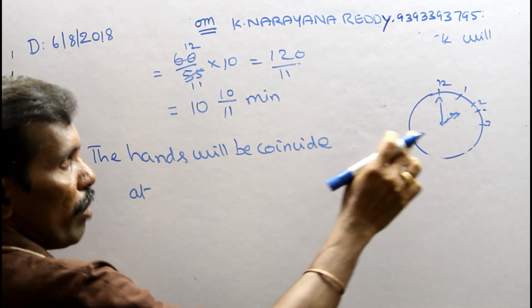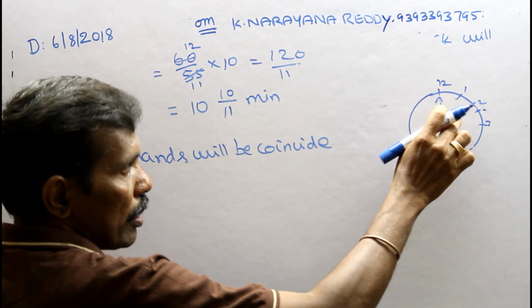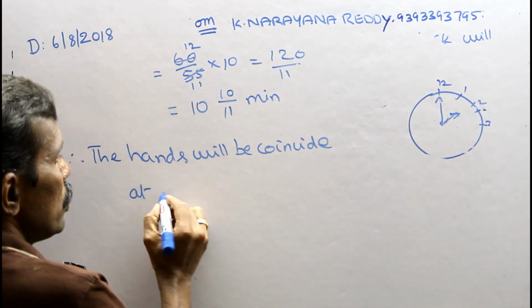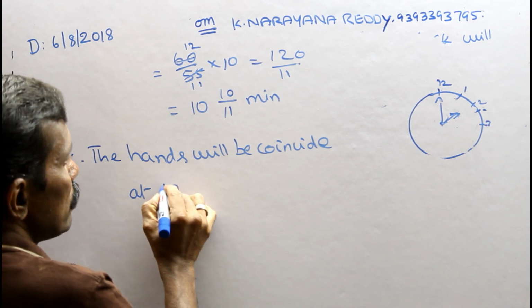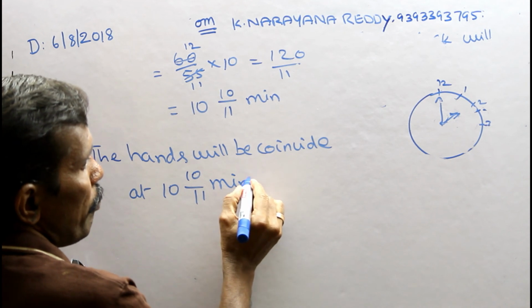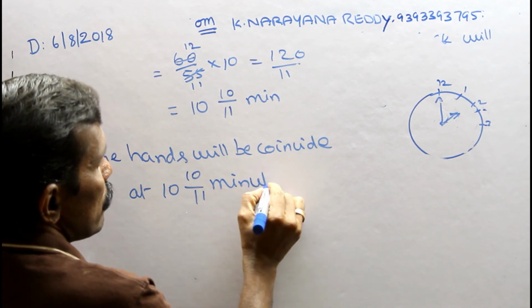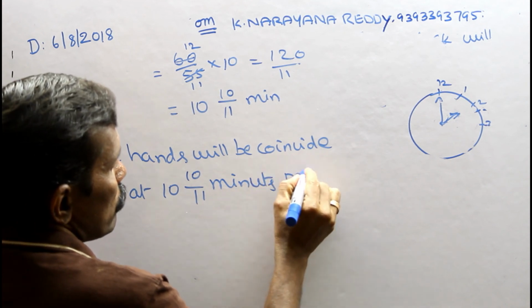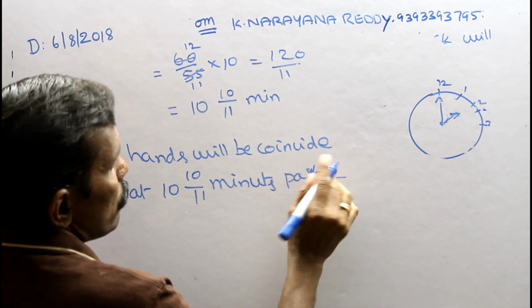Whenever the minute hand comes here, it crosses the 2. So 10 by 11 minutes past 2, that is the answer.